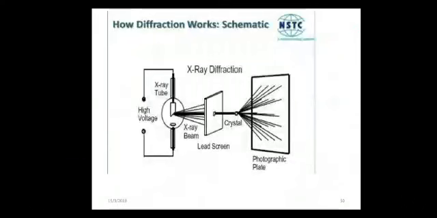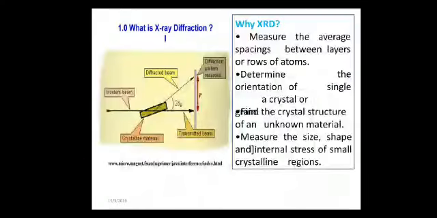X-rays generated by a cathode ray tube are filtered to produce monochromatic radiation. They are collimated to concentrate and directed towards the sample. The interaction of these incident rays with the sample produces constructive interference when conditions satisfy Bragg's law. Here we are using Bragg's law while studying X-ray diffraction.